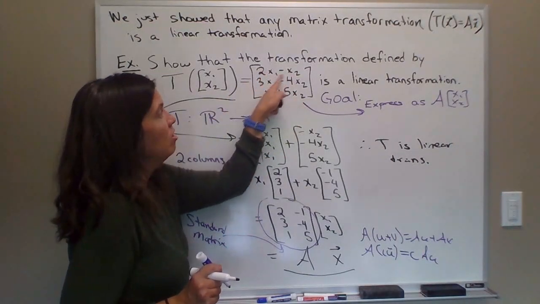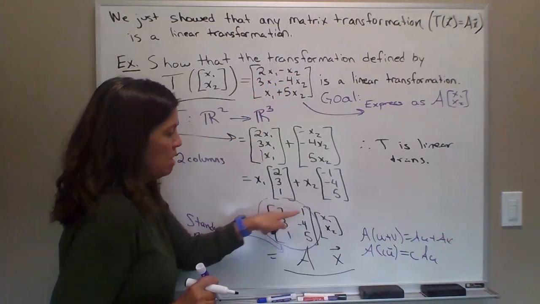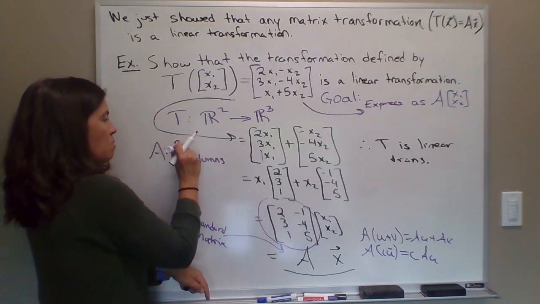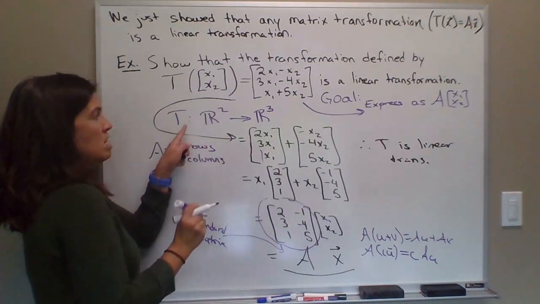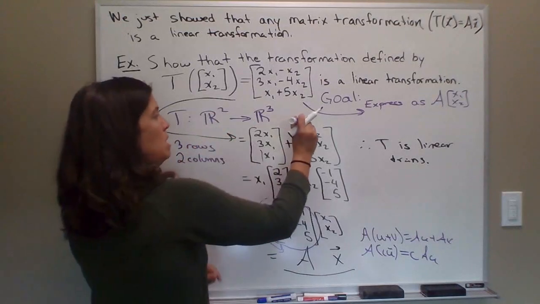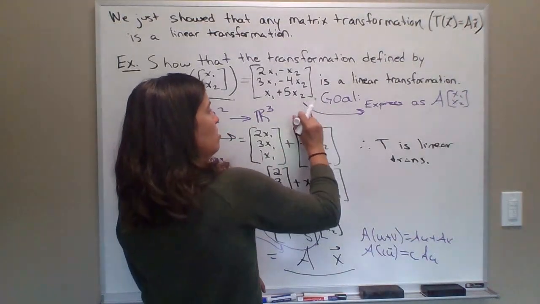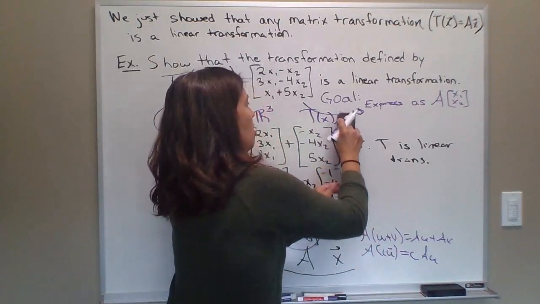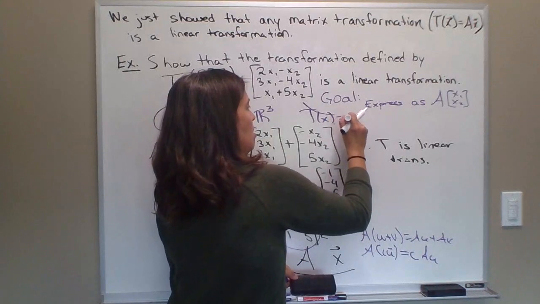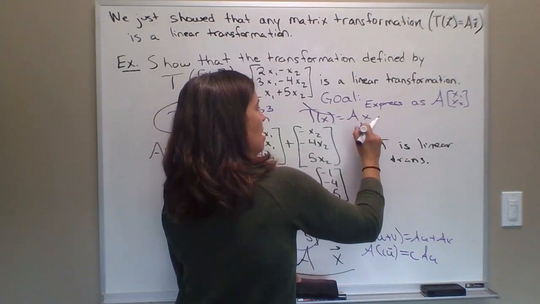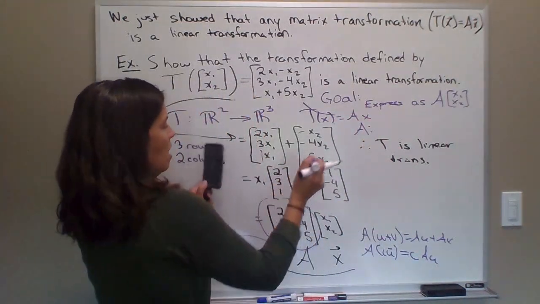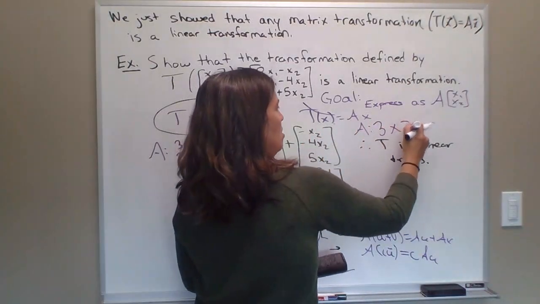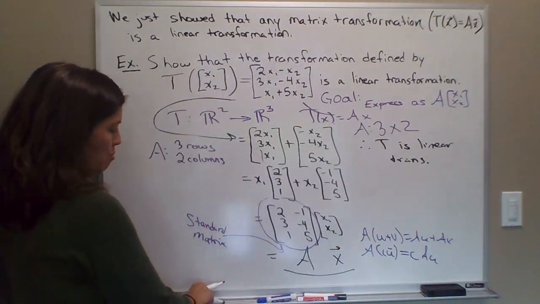So if this output vector has 3 rows, then that should be the number of rows in your matrix A. So in this case, 3 rows. So when T is a transformation from R2 to R3, if we write the standard matrix, then that matrix A is going to be, rows by columns, 3 by 2.